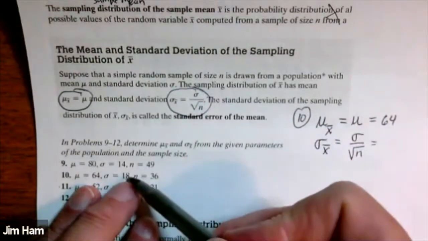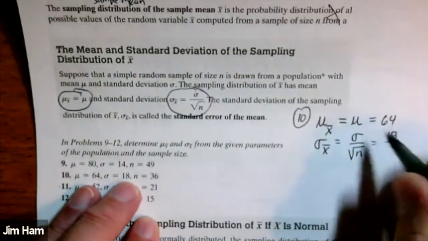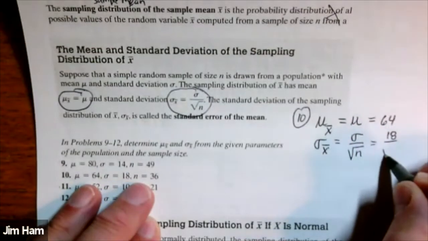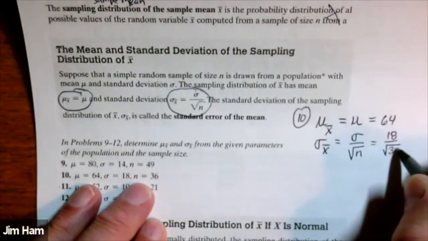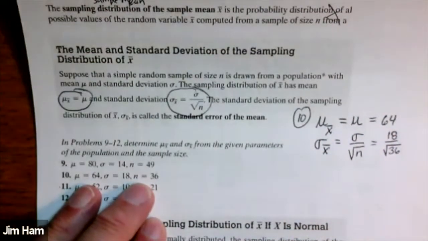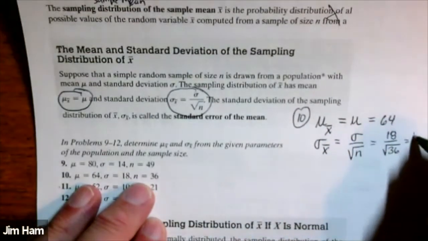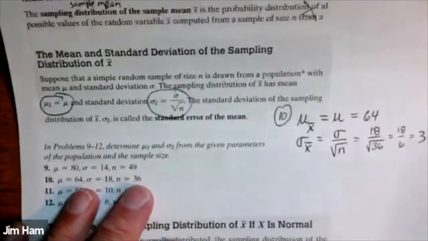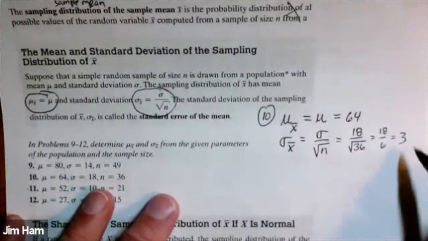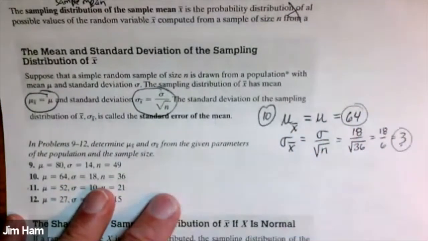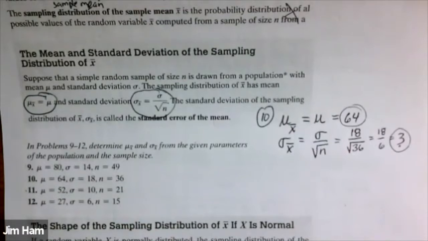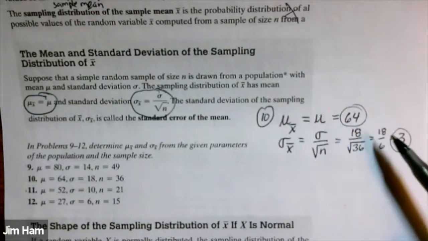So they give us, in this case, the population standard deviation to be 18, and then we have to take and divide that by the square root of the sample size, which they also give us to be the square root of 36. And this one we can do in our head. Square root of 36 is 6, so 18 over 6 is 3. So they're looking for these two numbers. And when you do a normal calculation using Normalcdf or inverse norm, you always have to begin the problem by identifying these two numbers.